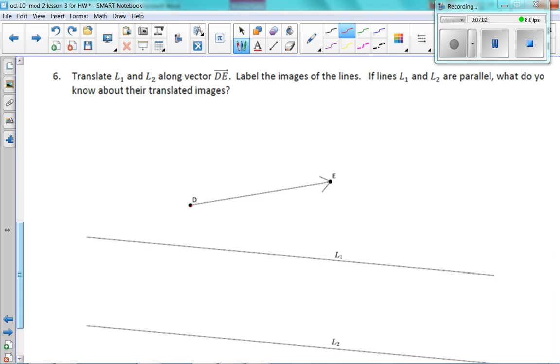And what we should notice, let's try it. Let's do the vector in red. And if you have your transparency, you should be able to draw a line on your transparency covering line 1. And then you should be able to slide it up in the direction of the vector. So I'm going to move it with my finger, up and to the right.